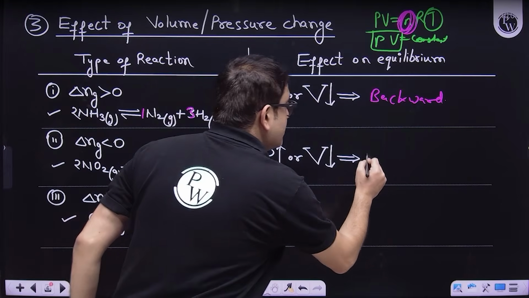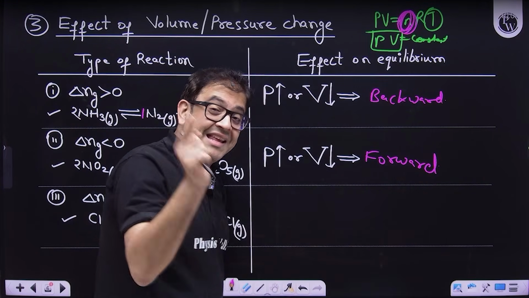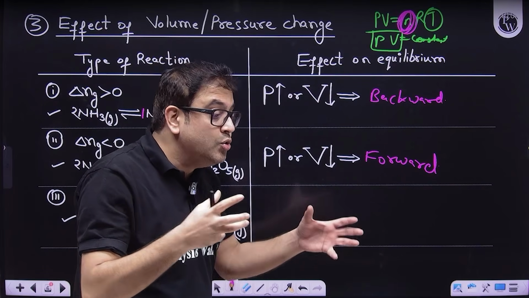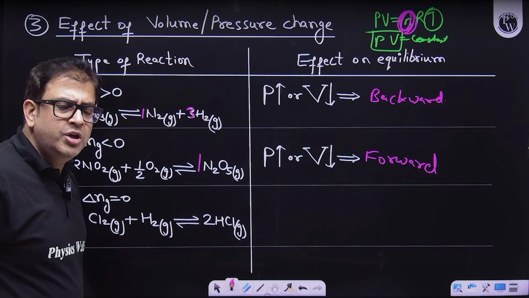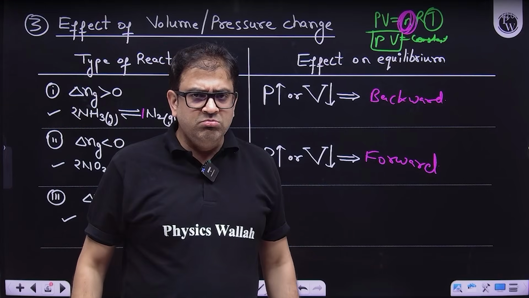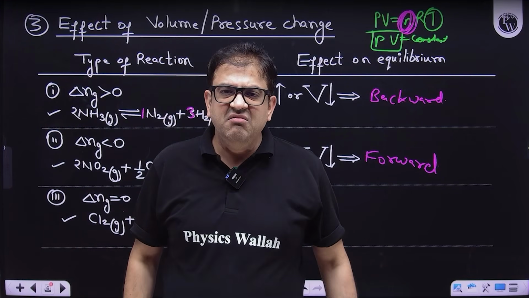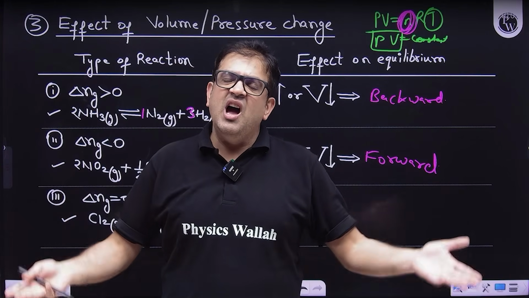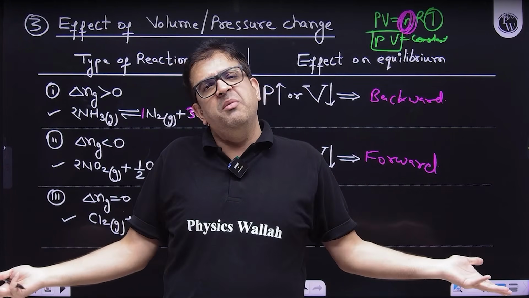Forward. So the reaction will proceed in the forward direction to re-attain equilibrium. Sir, when delta Ng is 0, I do not have anything to do. Why? You have increased my pressure. What operator do I have? Nothing. So if I can do nothing, I will remain. Whatever you do to me, I'll remain in that state.